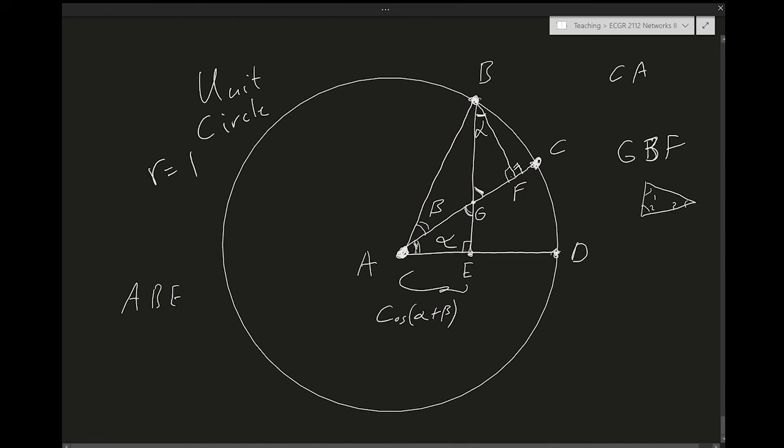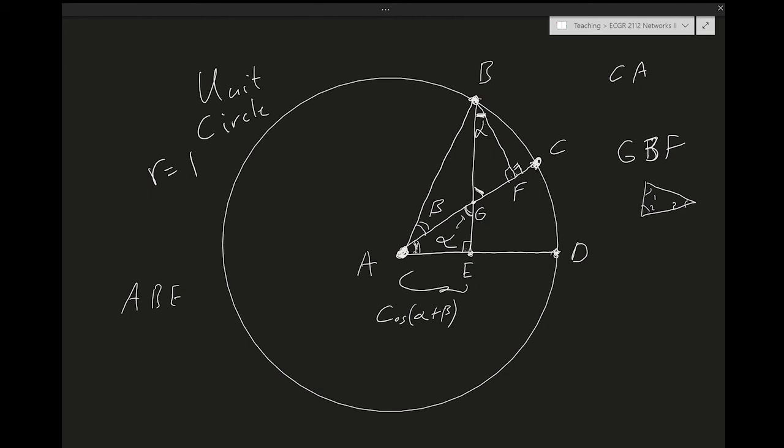This angle, you convince yourself that this angle up here is equal to alpha. Because alpha plus this angle equals 180. This same alpha plus this same angle, that's equal to this angle plus 90 degrees, also equals 180. So from comparison, this angle equals this angle, and alpha is there, right?